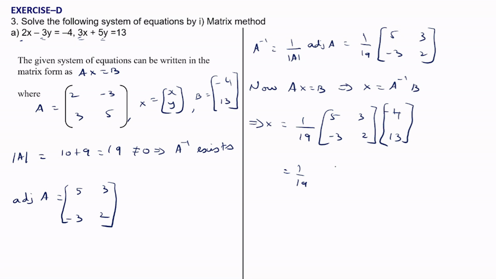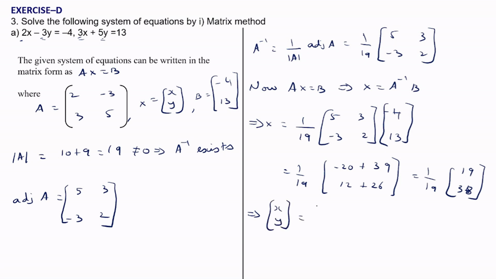So this is 1 by 19 into 5 into minus 4, minus 20, plus 3 into 13, 39, then minus 3 into minus 4, 12, plus 2 into 13, 26. So this is 1 by 19 into 39 minus 20 is 19, 12 plus 26 is 38. So X is nothing but the variable matrix x and y, which is equal to 19 by 19, 1, and 38 by 19, 2. Therefore, x is equal to 1 and y is equal to 2.